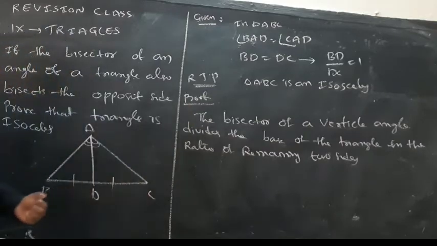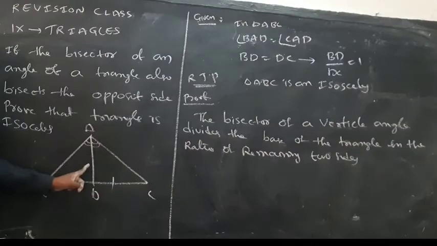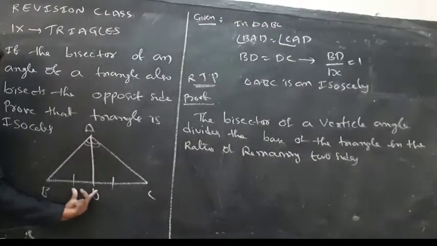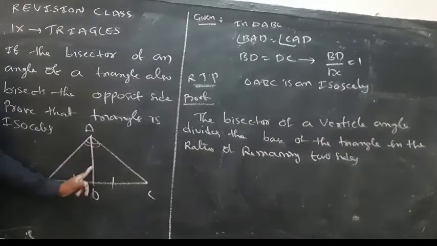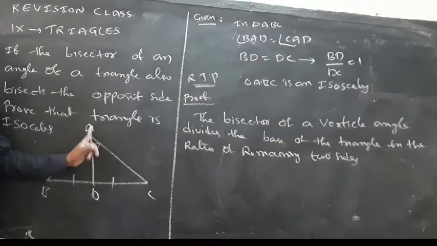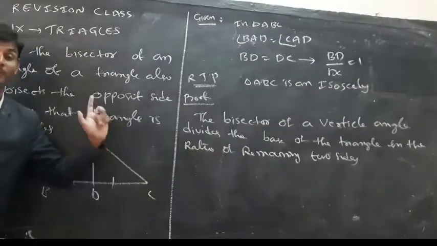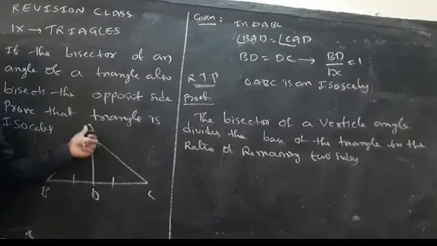Proof. Already we know that in a triangle, the angle bisector of a vertical angle divides the base in the ratio of the remaining two sides. It means the ratio of BD and DC is equal to the ratio of AB and AC.